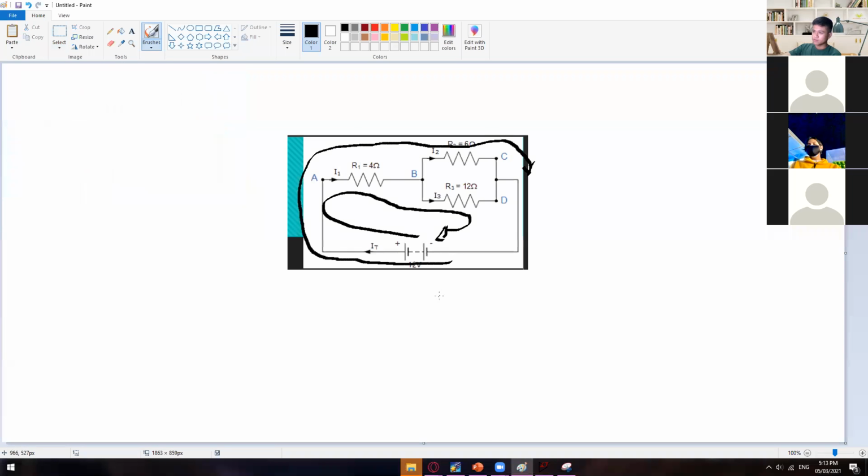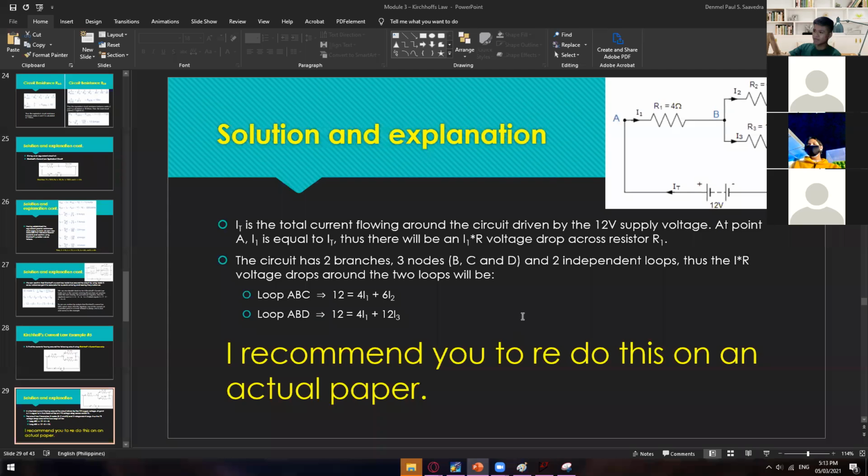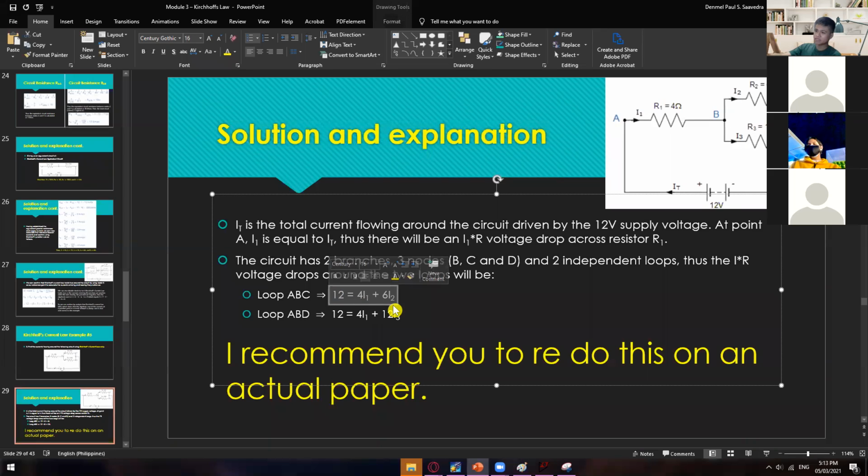Were you guys able to get that one? And how did we get these two expressions using those two loops, A, B, C, and then A, B, B? Yes po. Yes, sir.